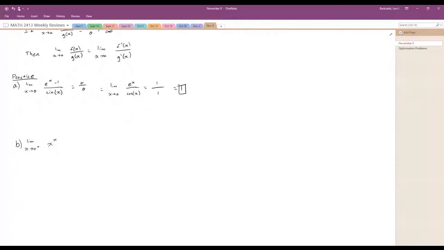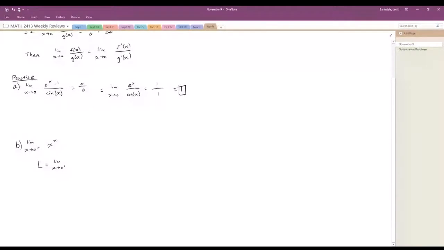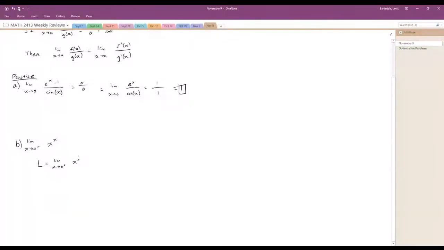Our second one, we don't really have in the form of L'Hopital's. We do, however, still get an indeterminate form when we just plug in 0 of 0 to the 0 power. So we can't really just plug in our limit that way. Let's say we have the number L, and that L is going to be equal to our limit of x to the x power.